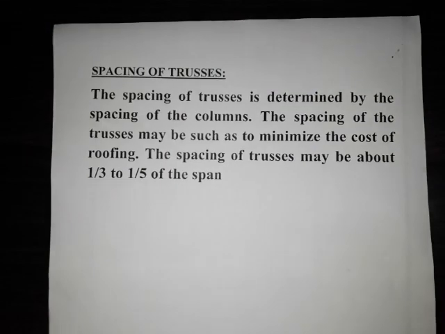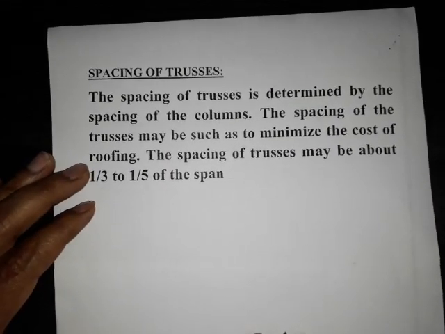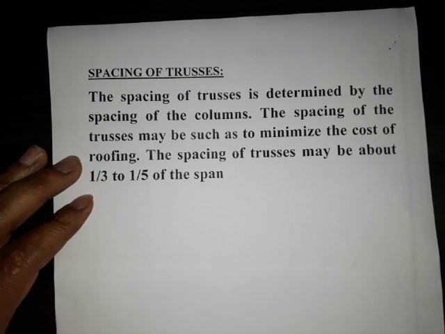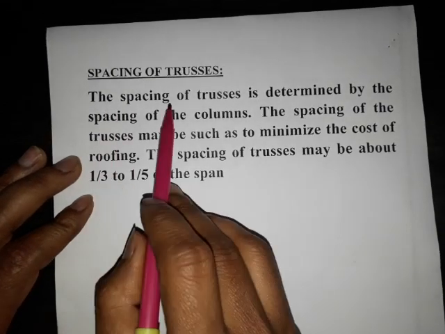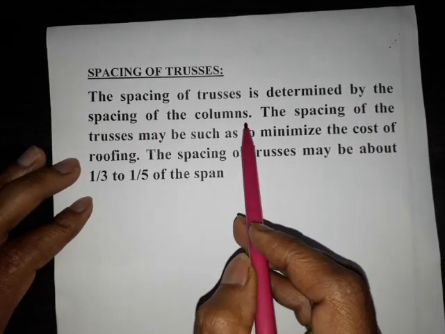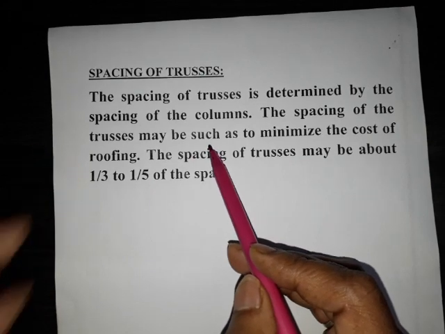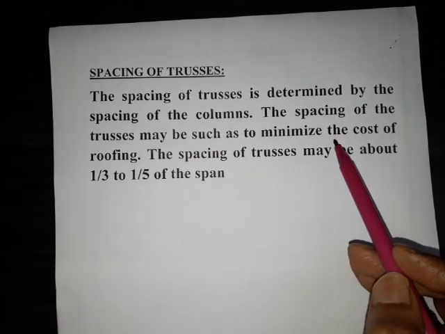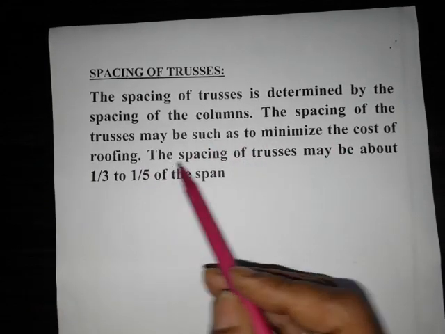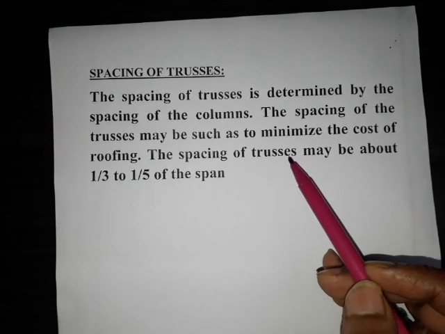The first component here is spacing of trusses. The spacing of trusses is determined by the spacing of the columns. The spacing of the trusses may be such as to minimize the cost of roofing. The spacing of trusses may be about 1/3 to 1/5 of the span.